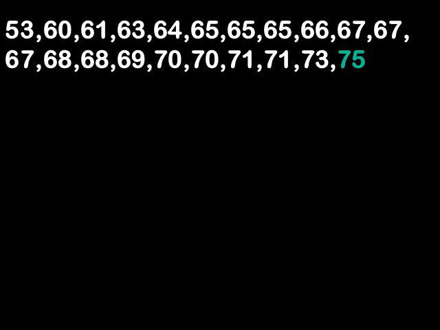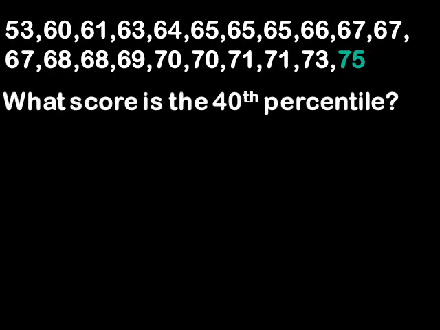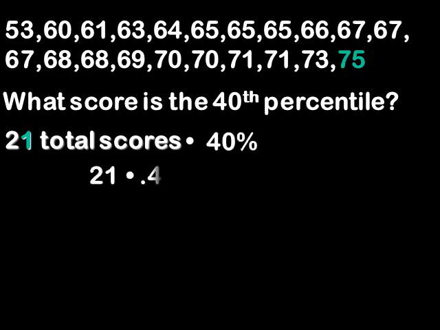Taking a look at 75, what score is the 40th percentile? Now we added a score. So now we have a total of 21 total scores. So again, we're going to multiply our total scores by the percentile, and we're going to end up with a decimal.